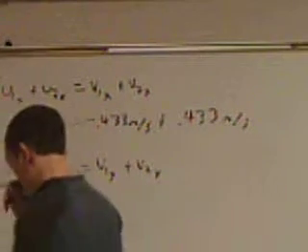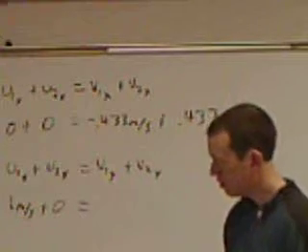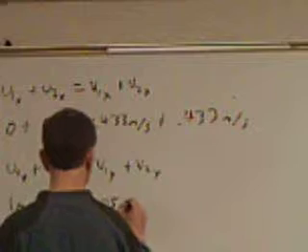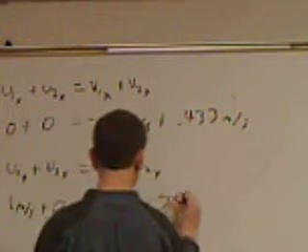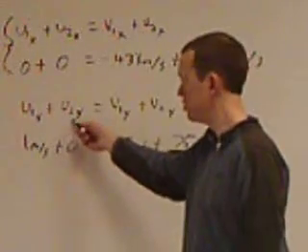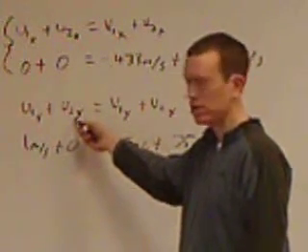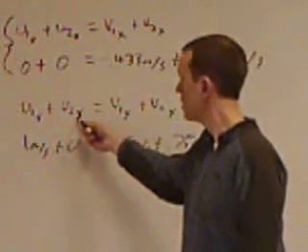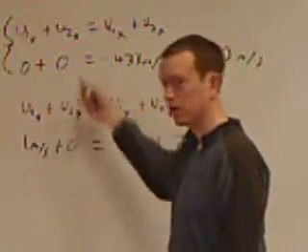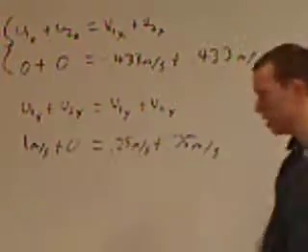Equals, what's v1 sub y? v1 sub y is indeed 0.25 meters per second, and v2 sub y is 0.75 meters per second. We can all do that math and see that yes, that does work. The object ball was stationary, so u2 sub x and u2 sub y are both 0. So there, that works as well.